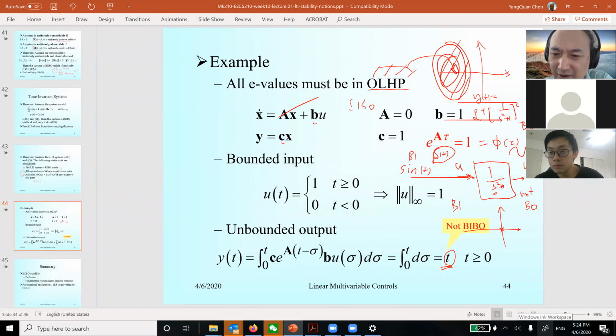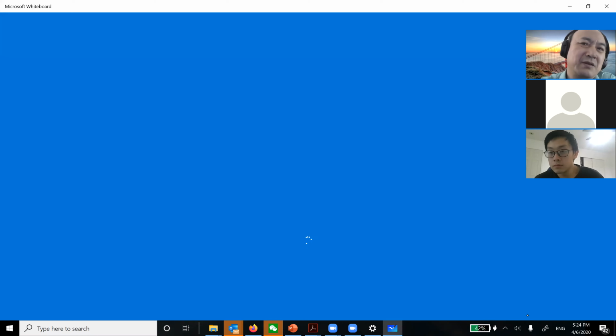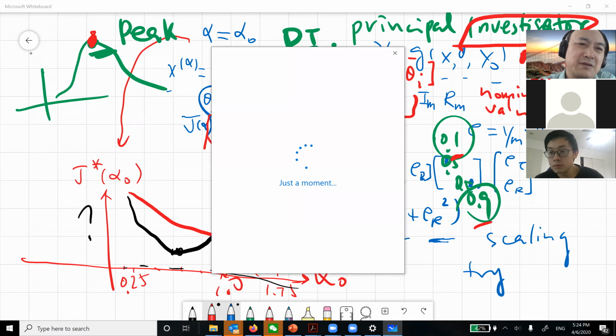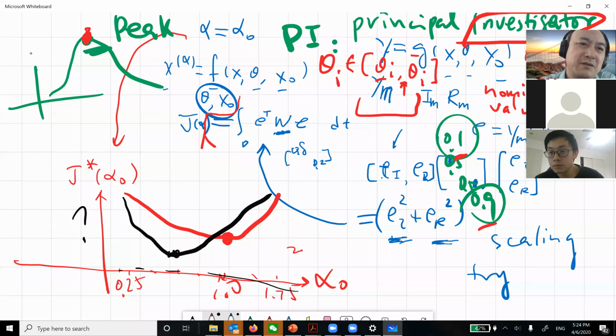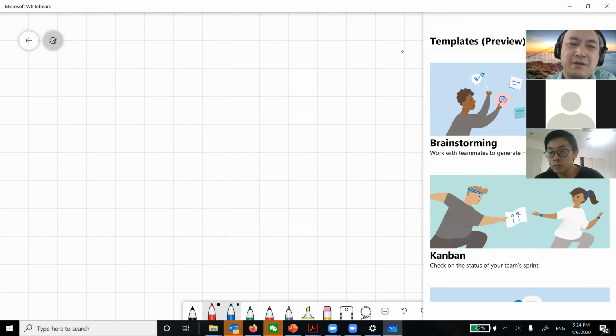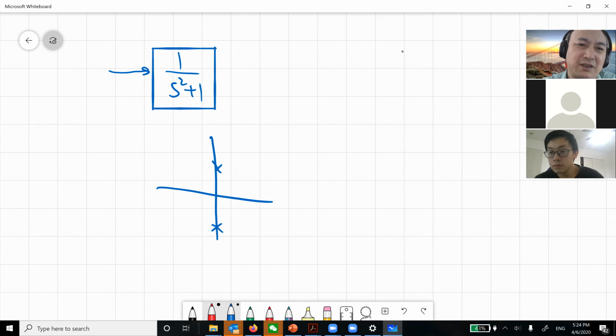This is kind of interesting. I want to show you something like this. You have a system, and your system is 1 over s squared plus 1, okay? In this case, you still have eigenvalues in here.